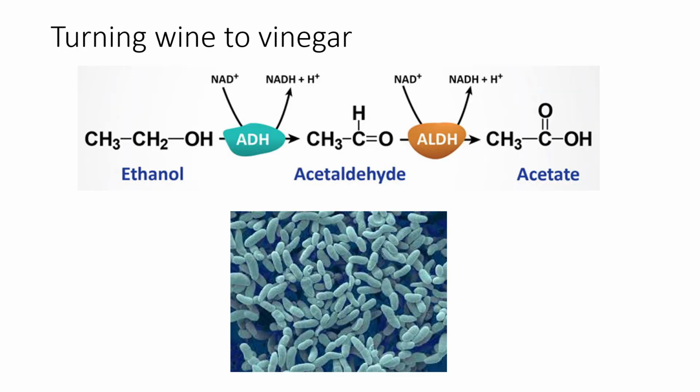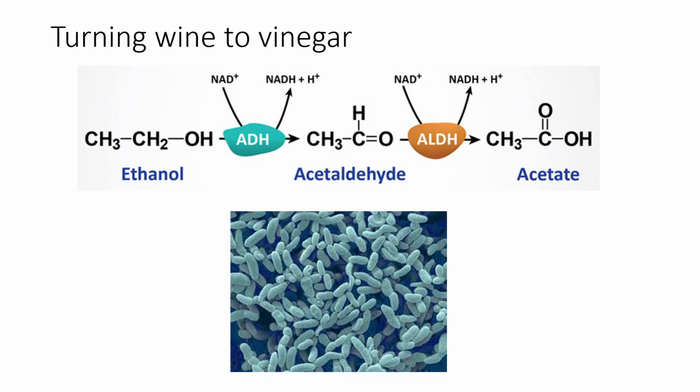Okay, let's talk about turning wine to vinegar. This is a process that actually needs oxygen. So this is one of those places where you're adding sulfur dioxide, and by adding the sulfur dioxide, you get rid of some of the oxygen. You're also inhibiting bacterial growth because you're unfolding their proteins as well. But ethanol, have you guys ever heard of alcohol dehydrogenase?